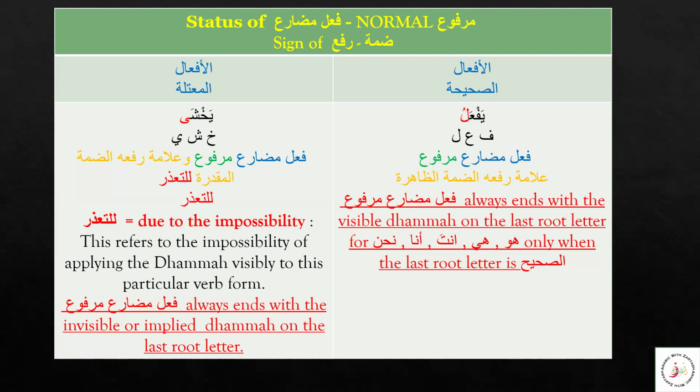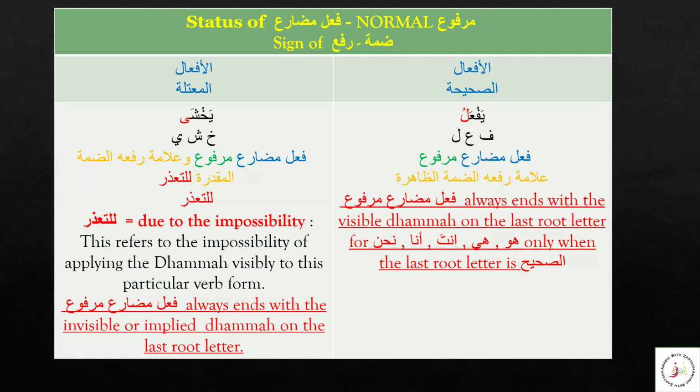Because there is no harf nasiba or jazma before it, and it is standing alone, you will suppose that there is an implied dhamma, and that is a dhamma muqaddara. This is how we know that this word is marfu, in the state of rafa. We cannot see it, but we know that it is there. It is implied, or muqaddar.